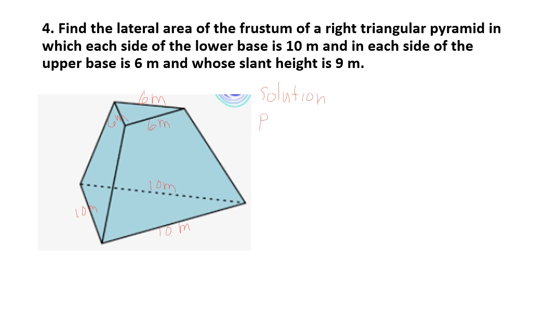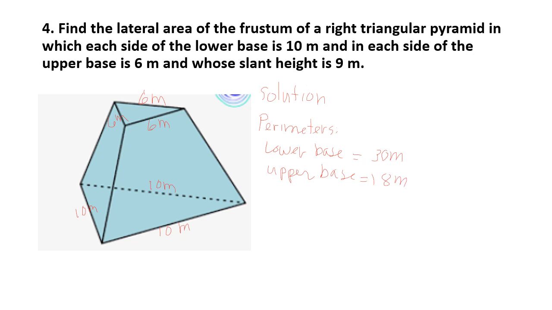So solution, perimeter of lower base equals 30 meters. Upper base equals 18 meters.